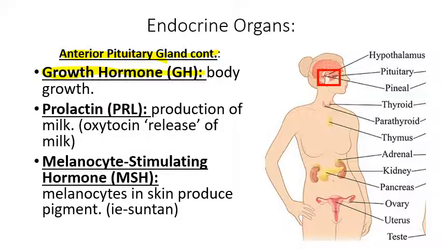Next, we mentioned this before. The other hormone that is actually responsible for production of milk rather than release of milk is called prolactin, and it is produced by the anterior pituitary gland, but the target organ is the breast, the mammary glands, but the mammary glands are not classified as endocrine organs.